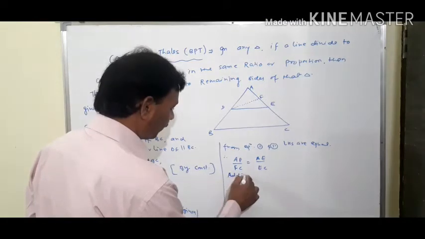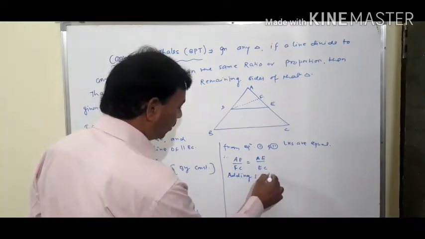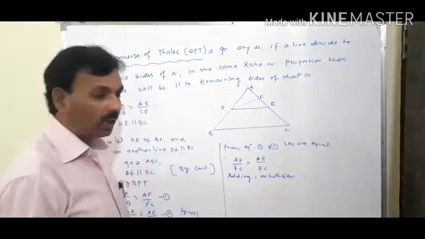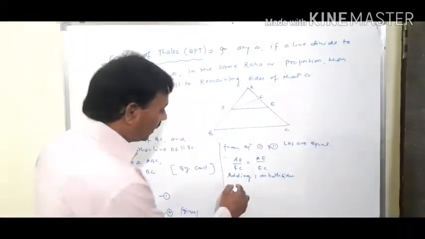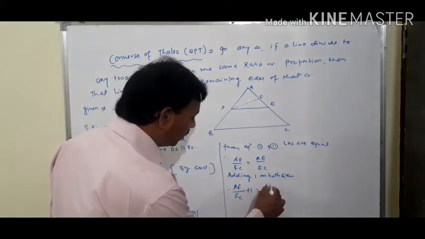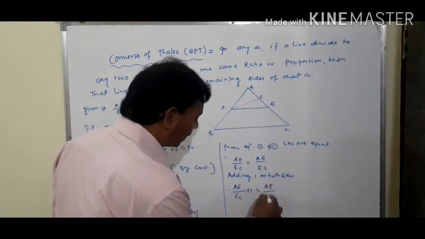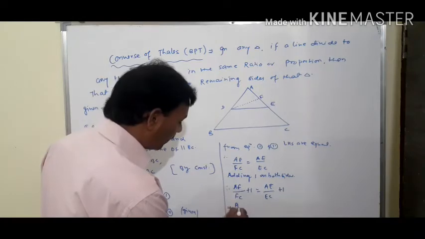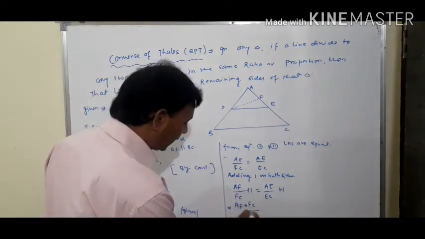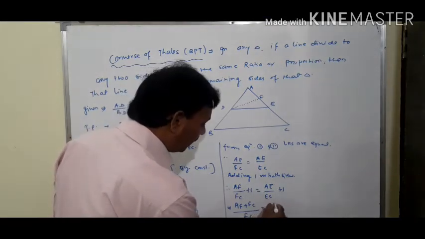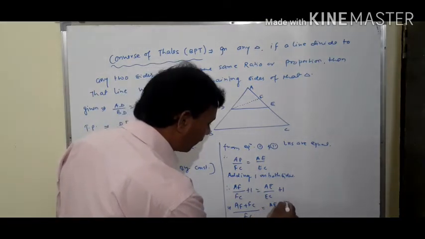Now adding 1 on both sides. Therefore, what will it be after adding? AF upon FC plus 1 equal to AE upon EC plus 1. Now, taking LCM, AF plus FC upon FC equal to AE plus EC upon EC.